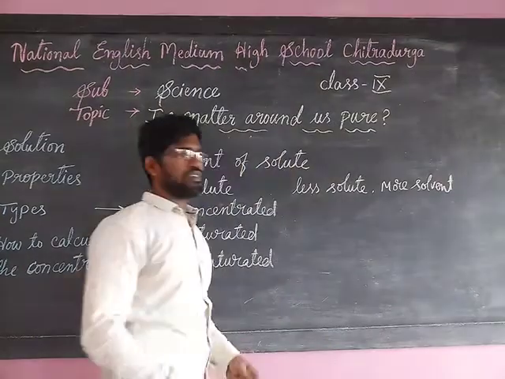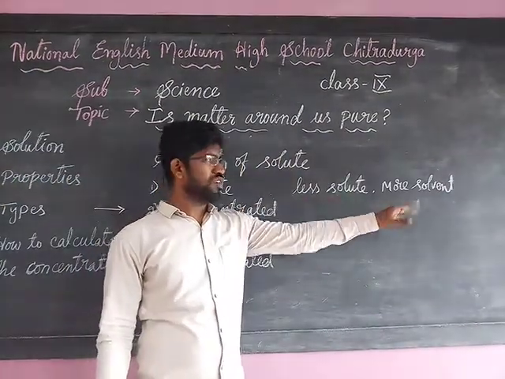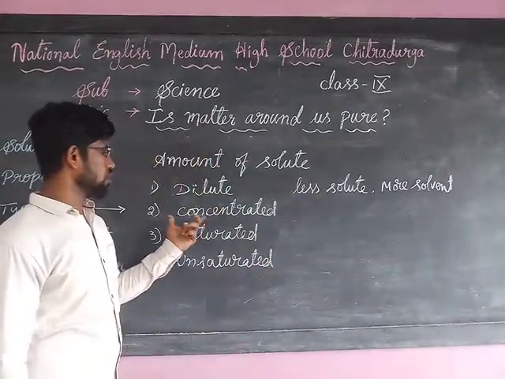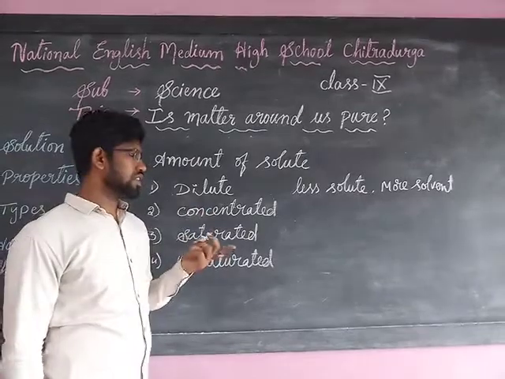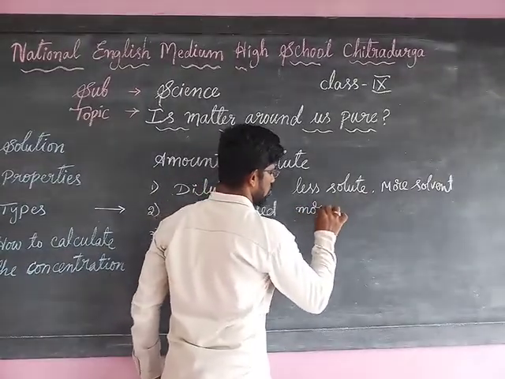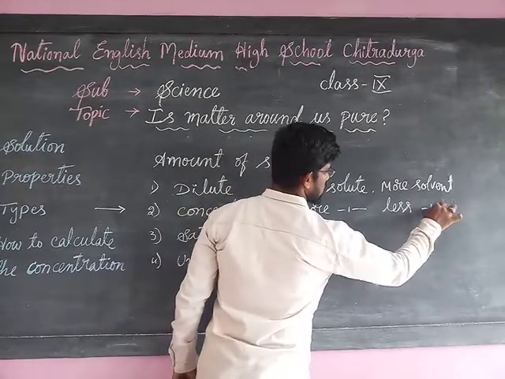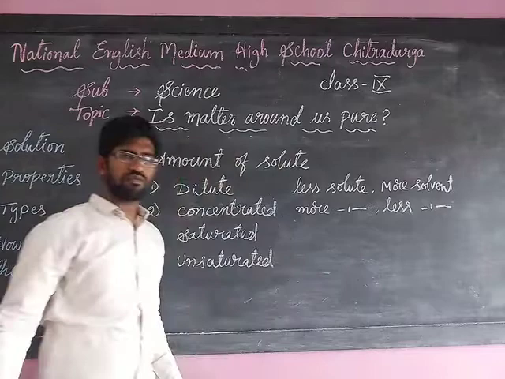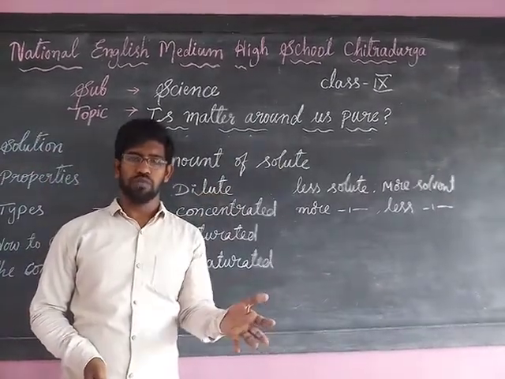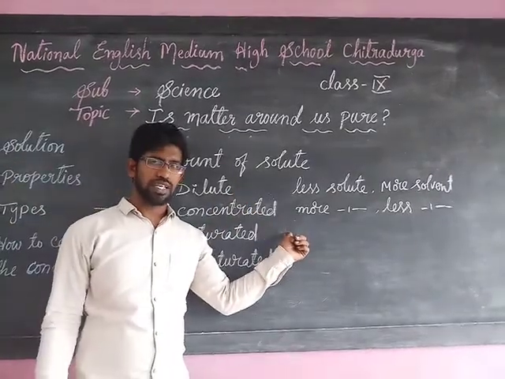Remember, in the dilute type of solution, a less amount of solute dissolves in a more amount of solvent. Understood? Then next, concentrated. The concentrated type of solution has more solute and less solvent. The solvent is less, but the solute is in more amount. That type of solution is called a concentrated solution.